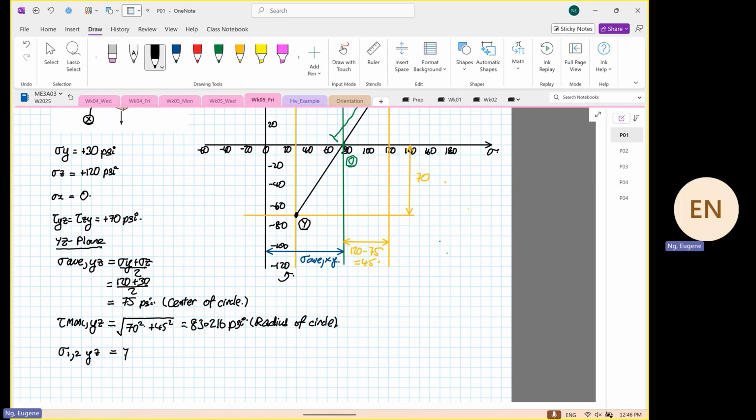So this will be 75 plus or minus 83.216. So 75 plus 83.216 is equal to positive 158.216. And then the other value will be 75 minus 83.216, which is equal to minus 8.216, both PSI.